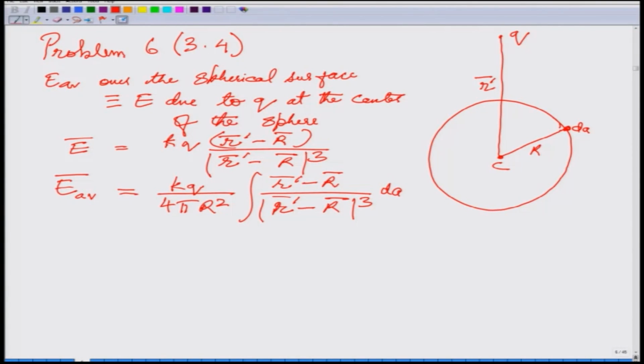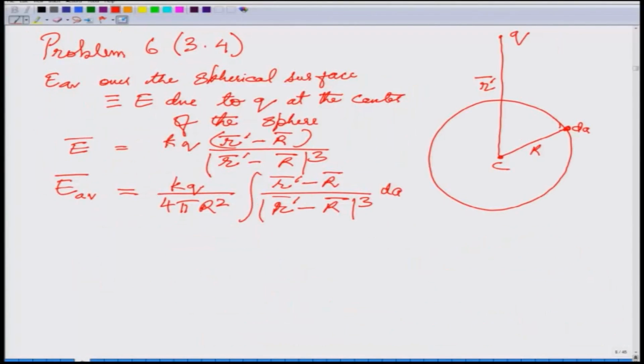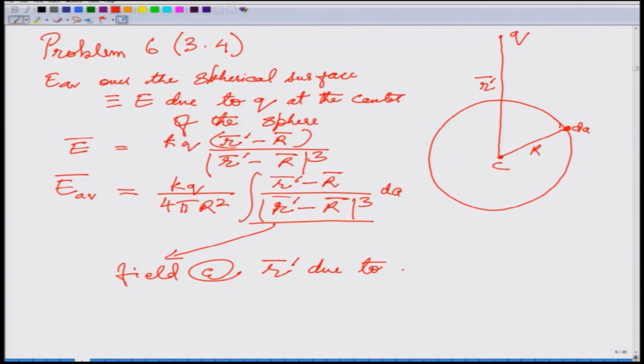So in the same argument that we proceeded in the previous problem, we said that this particular term is like a potential at R prime due to a unit charge density at R. So here also I would say this term is nothing but the field at, let's say, R prime due to unit surface charge density on the R. Okay.